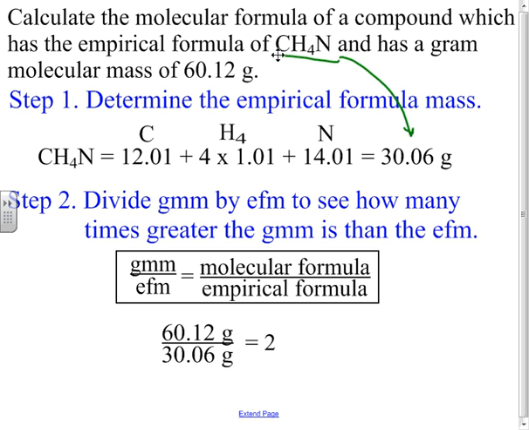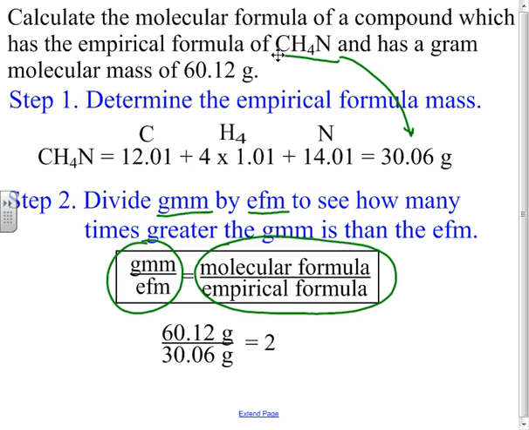Then we're going to take the gram molecular mass, that is the actual mass of the compound, divided by that empirical formula mass to see how many times greater the gram molecular mass is than the empirical formula mass. Here's the relationship. The gram molecular mass is to the empirical formula mass as the molecular formula is to the empirical formula.